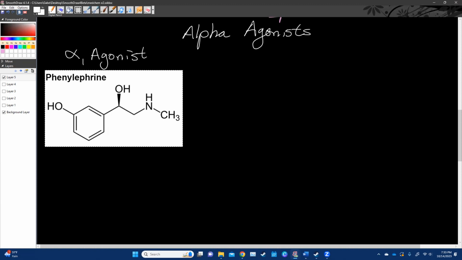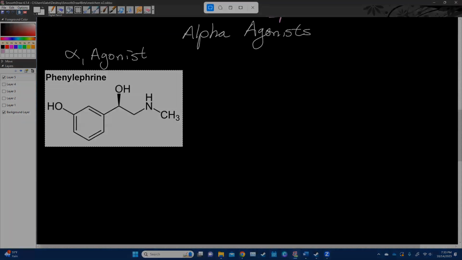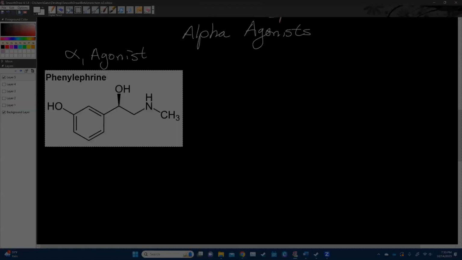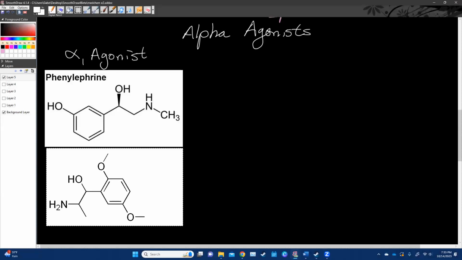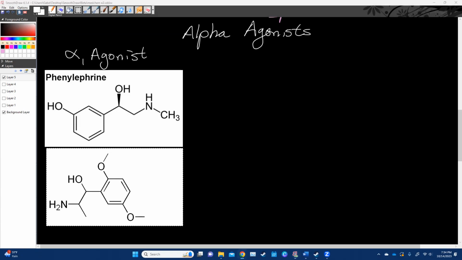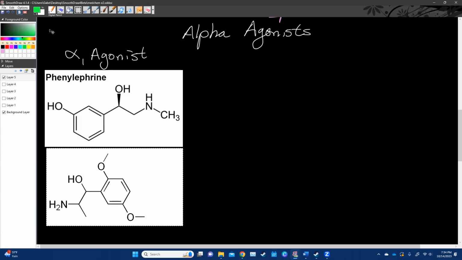Phenylephrine, as well as the drug methoxamine.